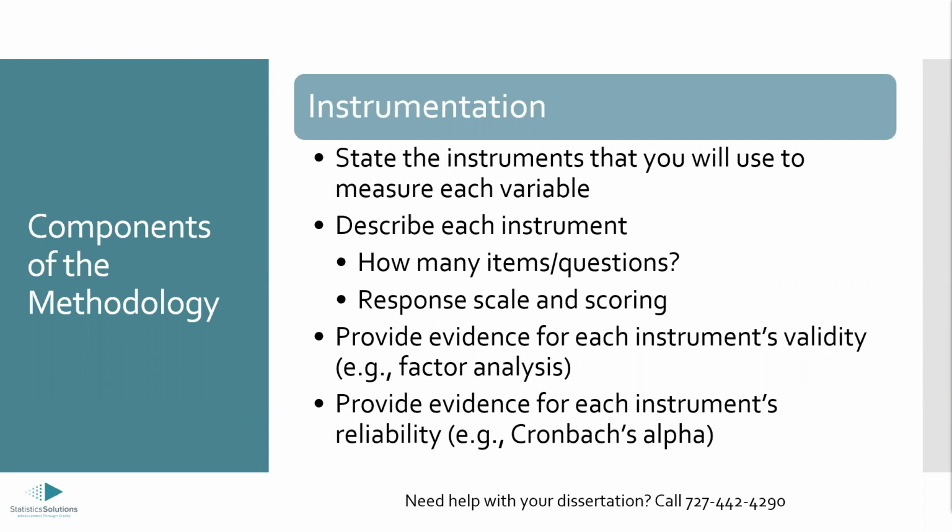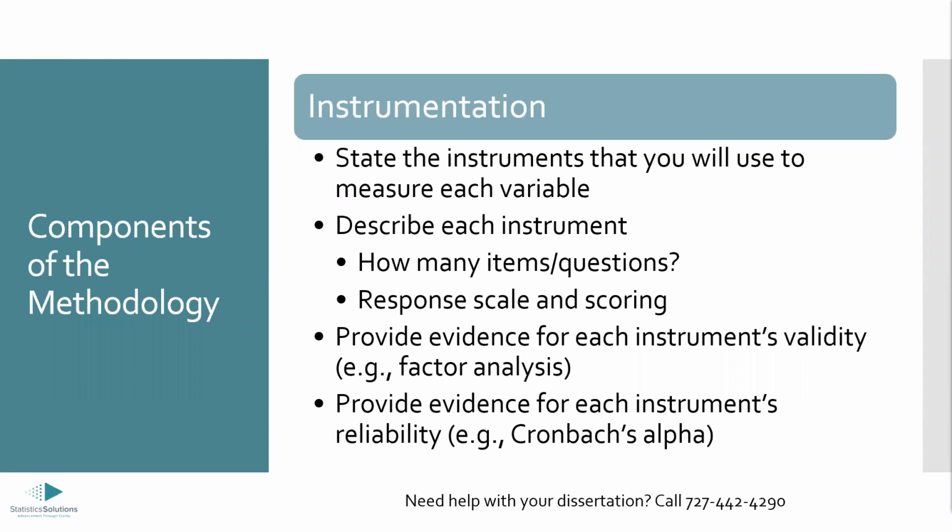And then you also want to talk about the scoring. If an instrument has multiple questions or items, how are you going to score those items and create a variable for use in your analysis? Are you going to add all the responses together? Or are you going to average the responses? So how are those scores computed?